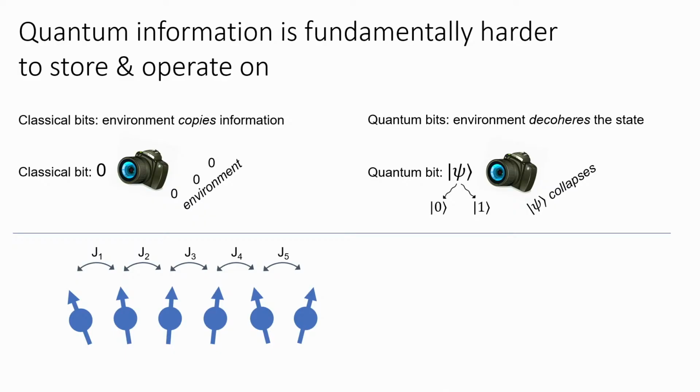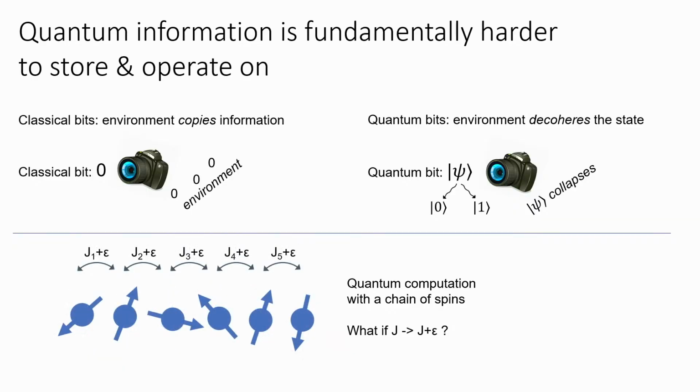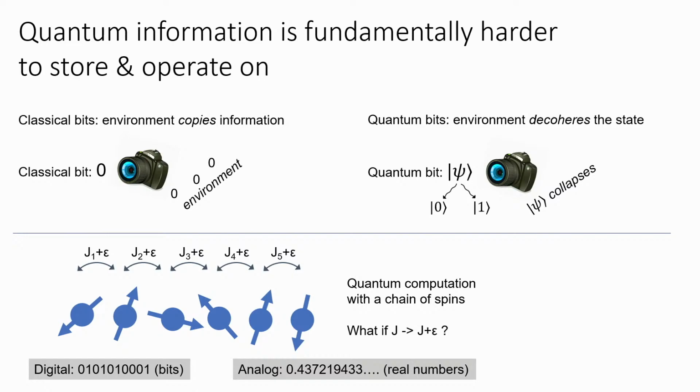Another very subtle thing with quantum systems is that if you have a chain of spins interacting with some interactions J, and you're trying to use this as a computation, reading off the state of your system, then if J is just slightly off and goes to J plus epsilon, you can go to a chaotically very different state.